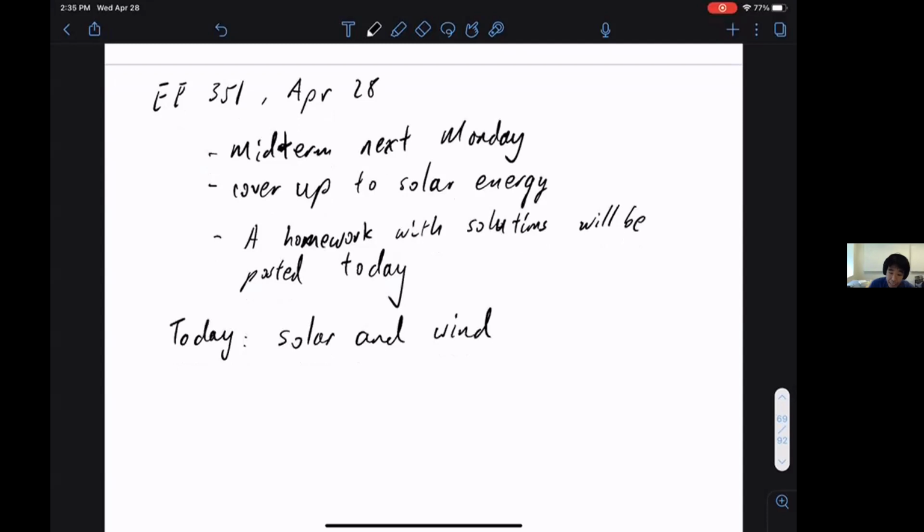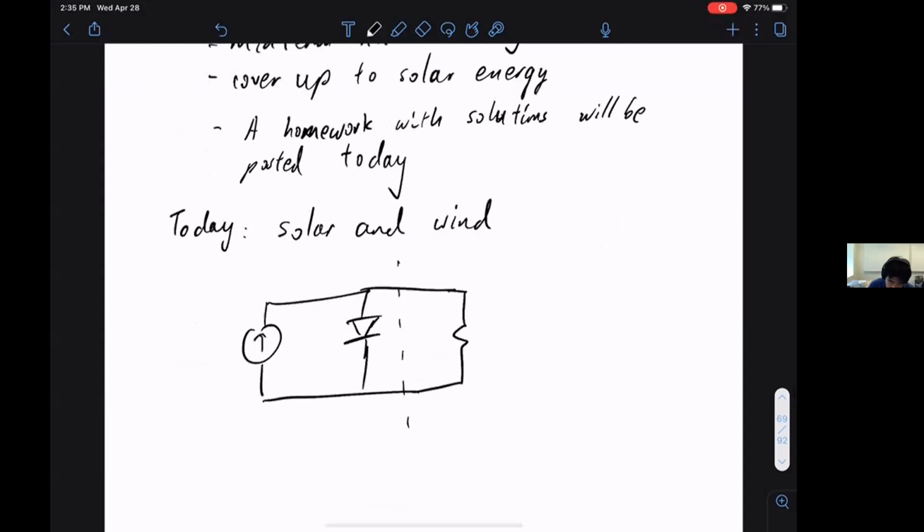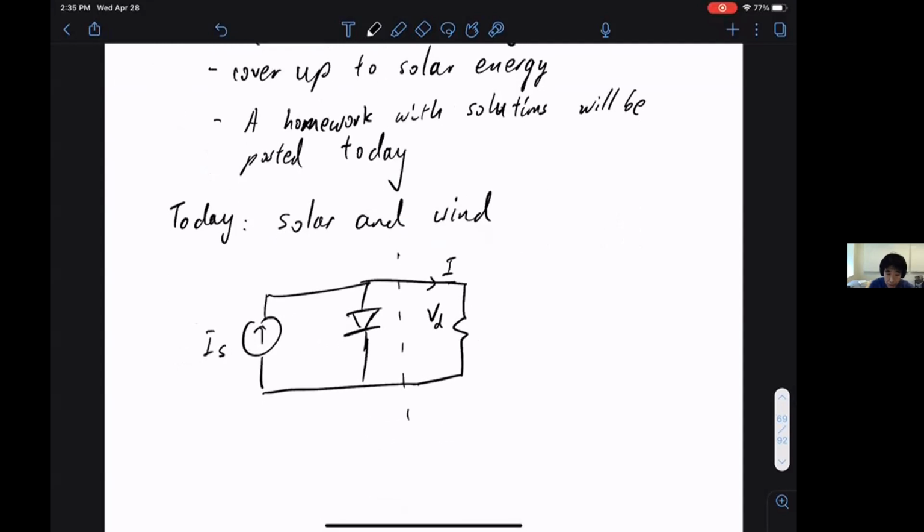Continuing from last time, as a reminder, our circuit was this type of circuit. A solar cell is really a current source in parallel with a diode. Based on the voltage across the load, we can control the current drawn by the load.